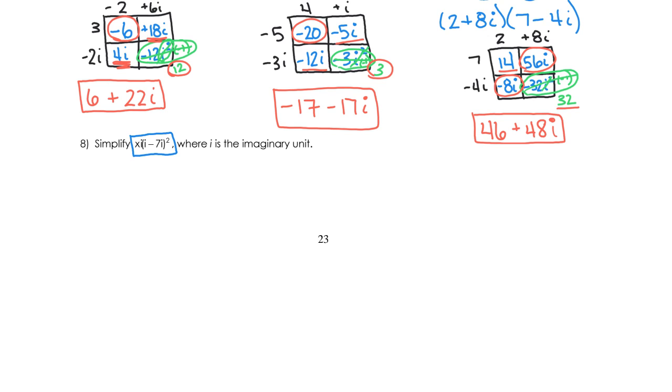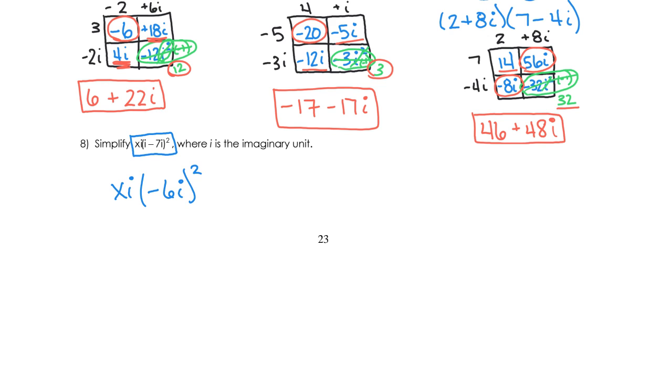So the very first thing to make this a little bit easier is that in those parentheses, i minus 7i will go together and it won't be a binomial anymore, which will be easier to do. Okay. So we'll go ahead and do xi and we'll leave that. In parentheses, i minus 7i, according to PEMDAS, what's in parentheses should go first. And because those terms are combinable, we'll go ahead and combine them. i minus 7i is negative 6i. We'll keep the squared on the outside.